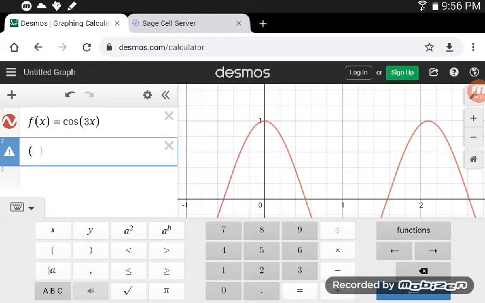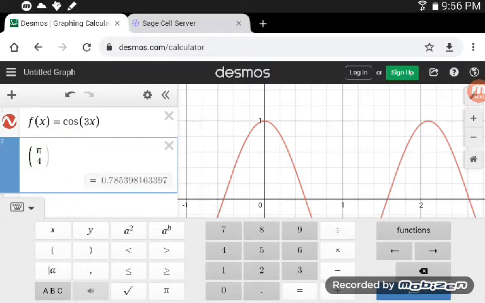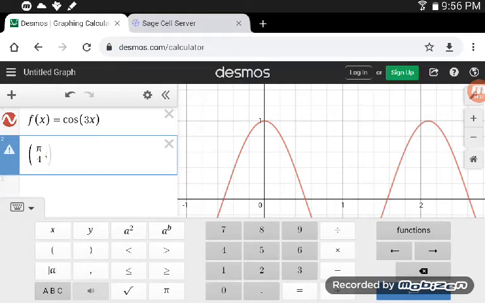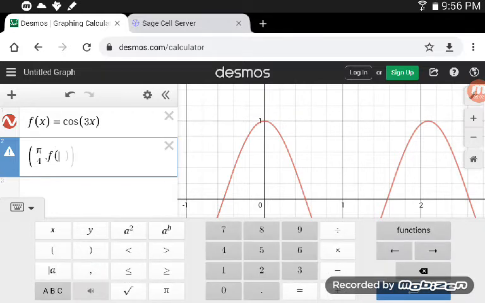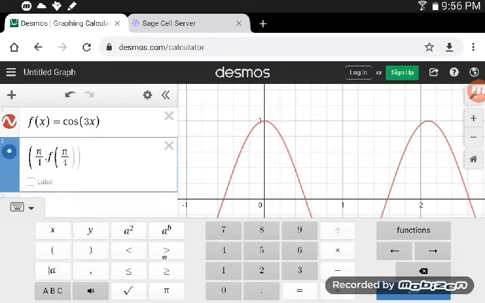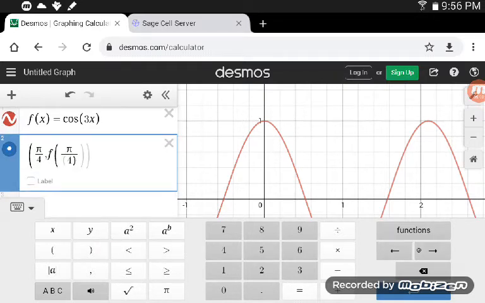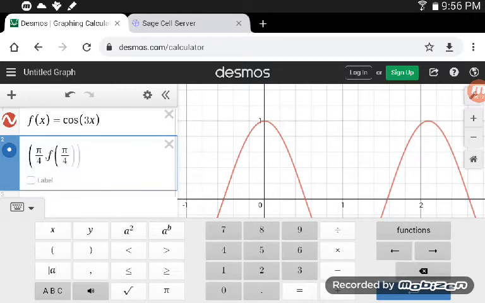So pi divided by 4, and then a comma, and then f of pi divided by 4, and close those with a parenthesis and another parenthesis.